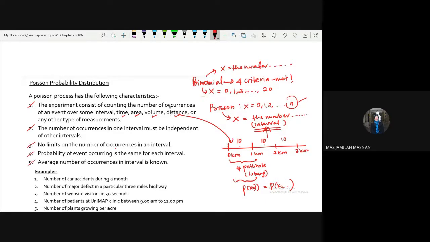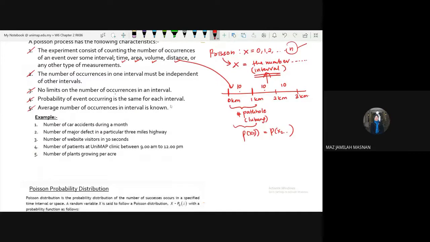Now, what other kinds of examples may you have? The number of car accidents during a month. This is your x: x is equal to the number of car accidents, in what interval? In a month. The number of major defects in a particular 3 miles.